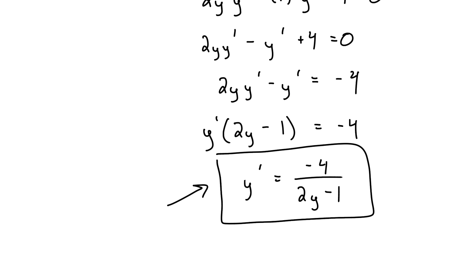That means that if I wanted to evaluate the derivative at a certain point, I'm generally going to need an ordered pair, an x value and a y value. We'll look at some examples like that later on towards the end of this section. But if you have a y in your derivative, that doesn't necessarily mean it's wrong in this chapter, because we will have that occur from time to time.